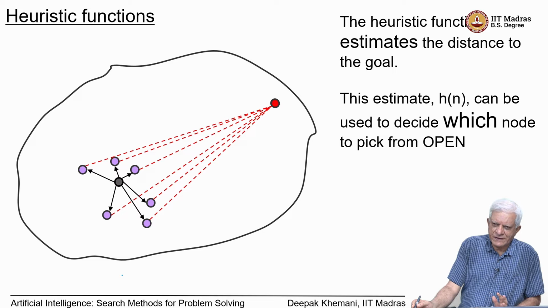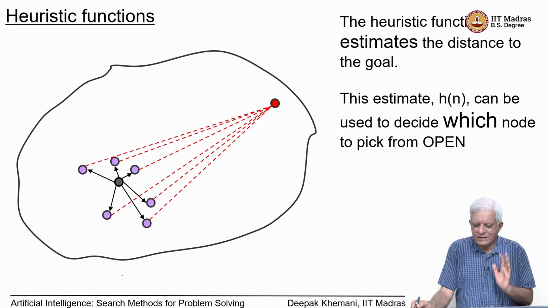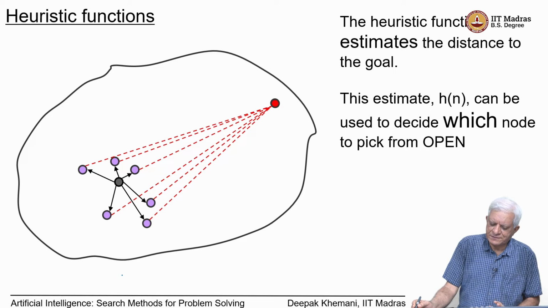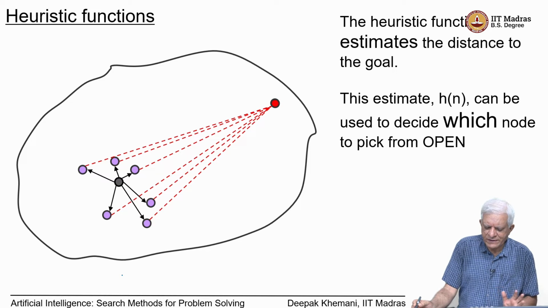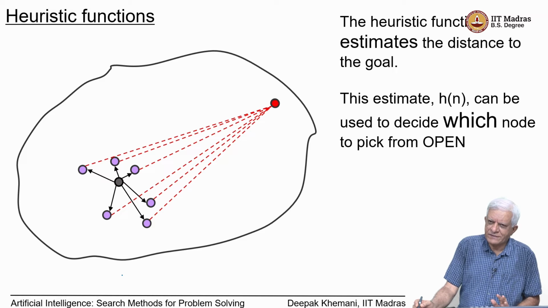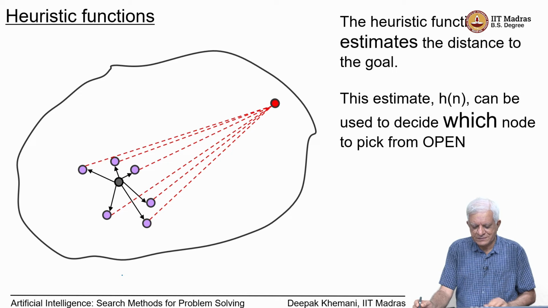Now, if we had a perfect heuristic function, which would be like an oracle that could tell you the length of the path to the goal, then of course our job would be very simple and the search would get guided without looking this way or that way. But in practice, such perfect heuristic functions are hard to find, and that is why we end up with some kind of an estimate.